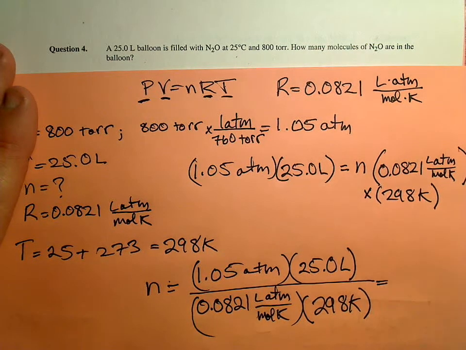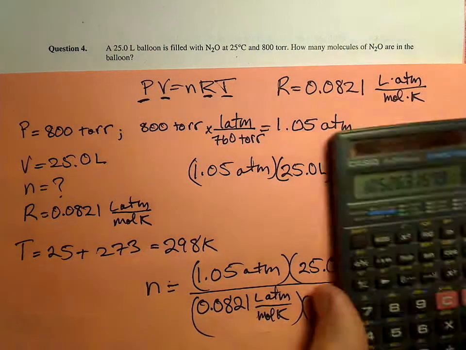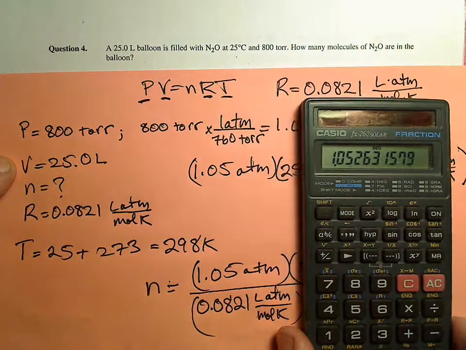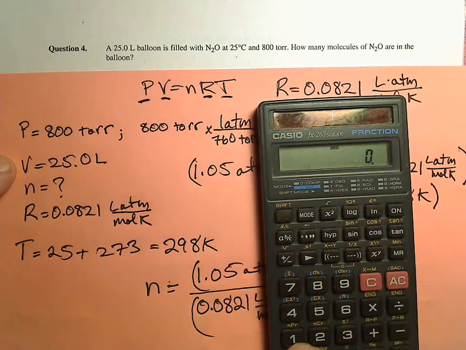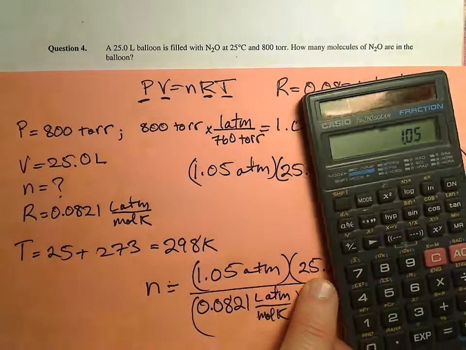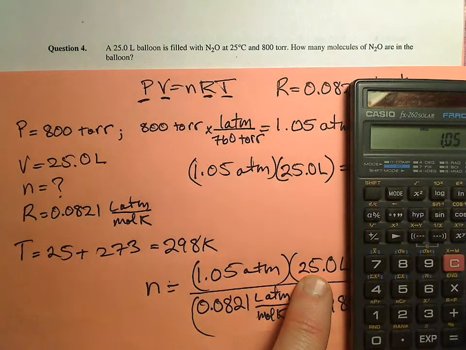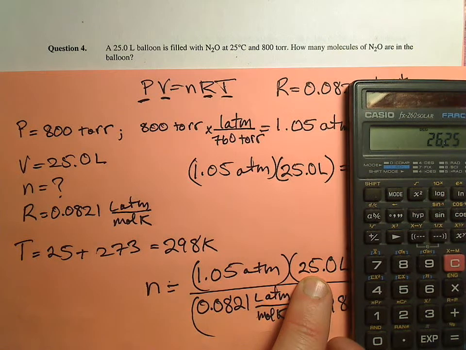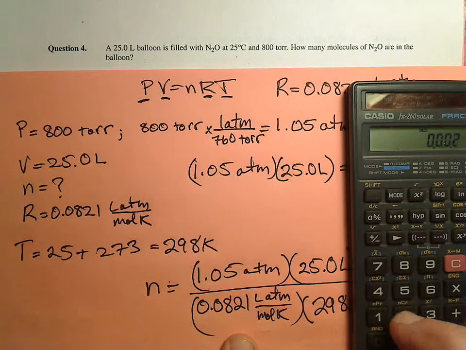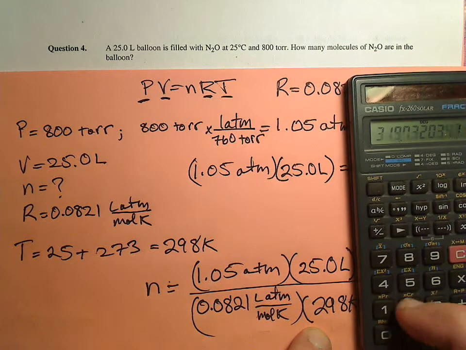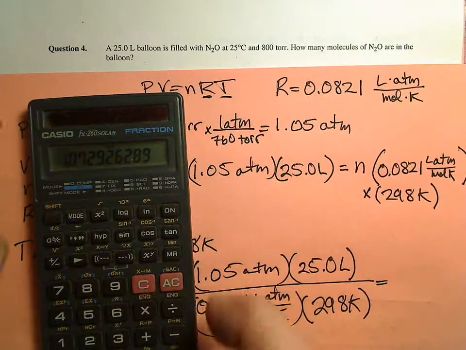So, what does that equal? Well, let's calculate it. We have 1.05 times 25 divided by 0.0821 divided by 298 equals.